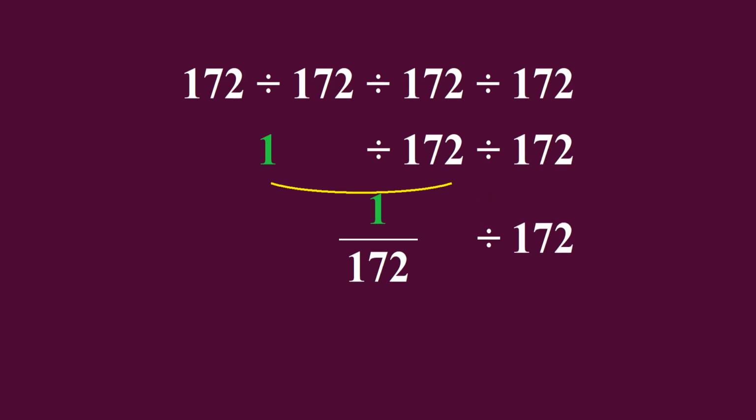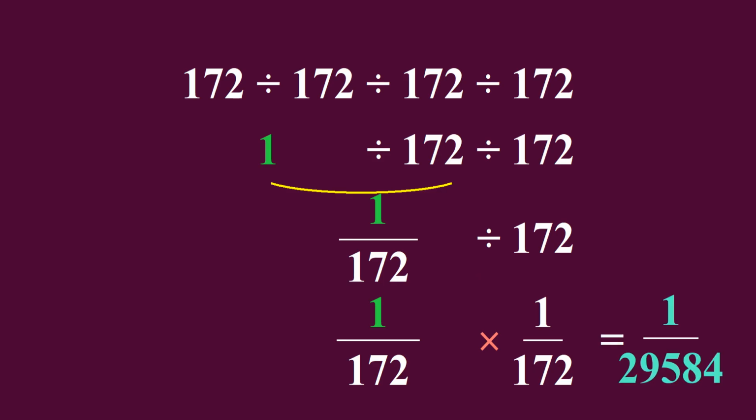So we must keep the first fraction 1 over 172 and change division to multiplication times, then flip the second fraction 1 over 172, which equals 1 over 29,584. And this is our final answer for this problem.